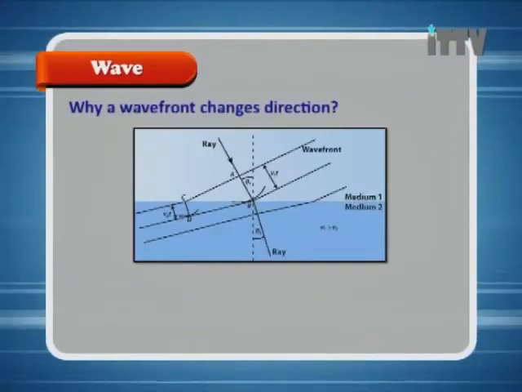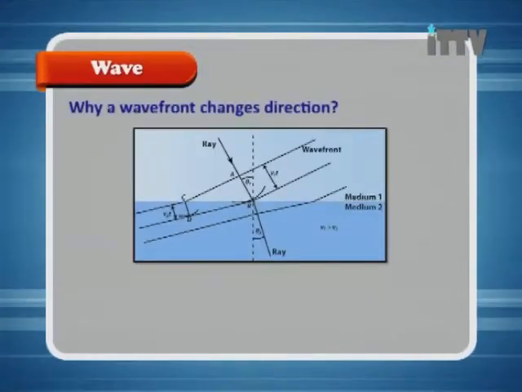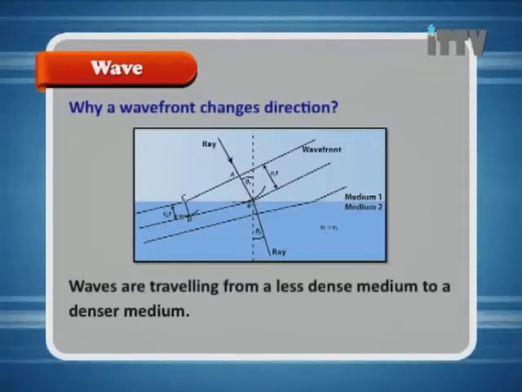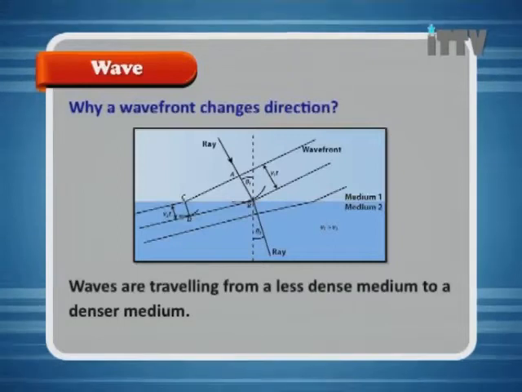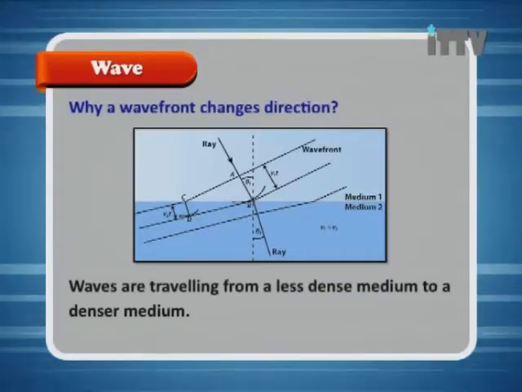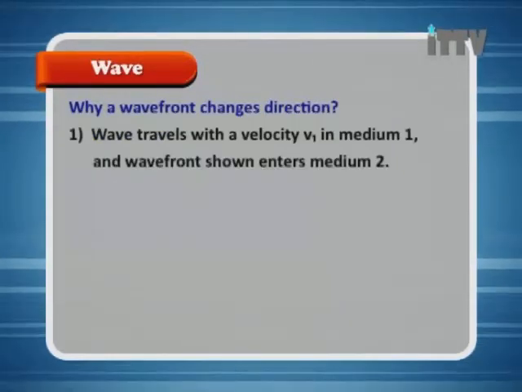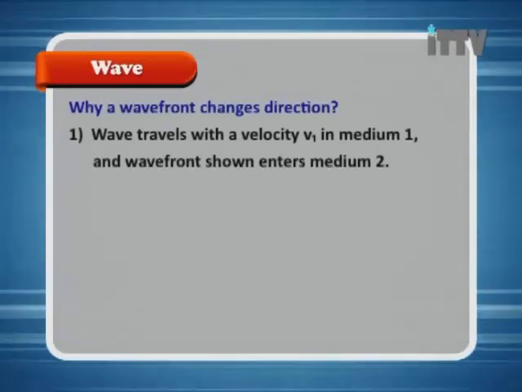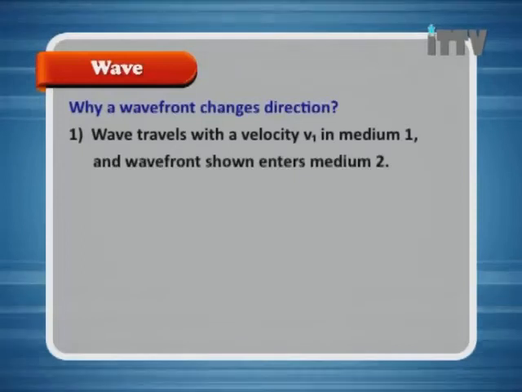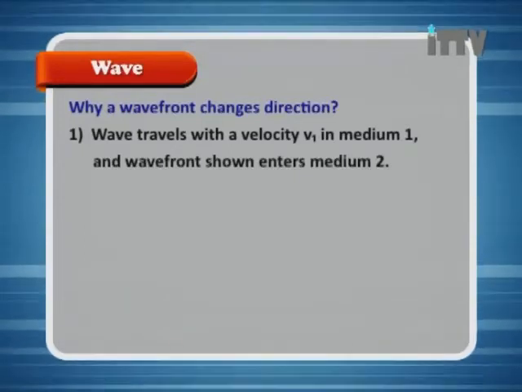Why does a wavefront change direction? Waves are traveling from a less dense medium to a denser medium, from deep to shallow. A wave traveling with a velocity v1 in medium 1, with the wavefront shown, enters medium 2.